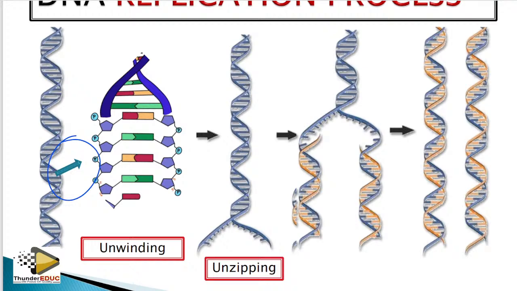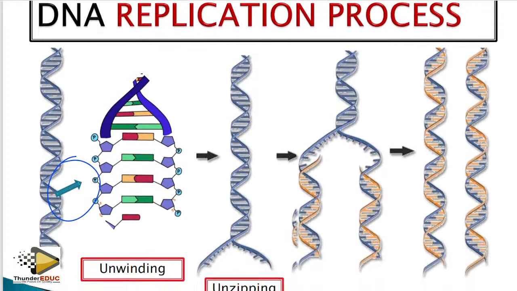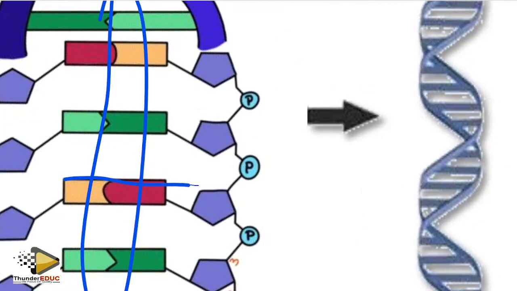Now, when it unwinds, after unwinding, the weak hydrogen bonds will break. In science, we shall say that it has unzipped. DNA double helix unwinds, weak hydrogen bonds break. In that actual sense, these bonds break. Let me zoom it out so you see it clearly.